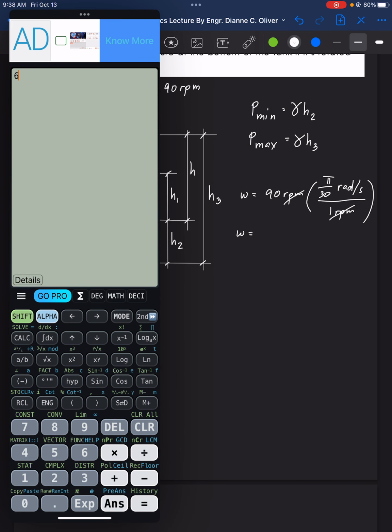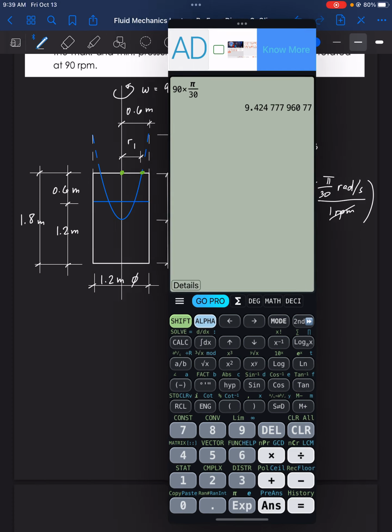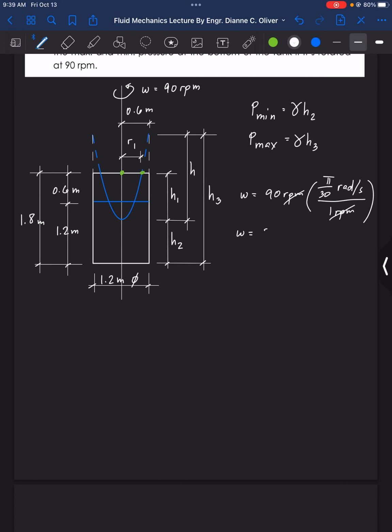Omega equals 90 times pi over 30. So that will be simply 3 pi rad per second.